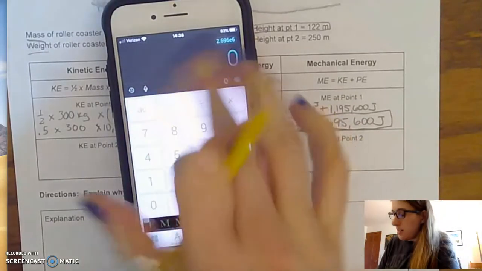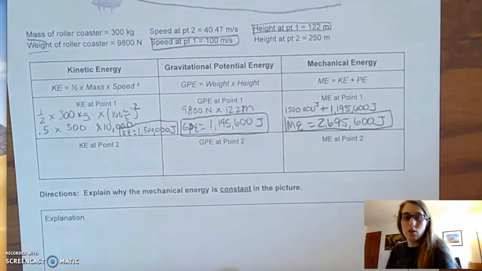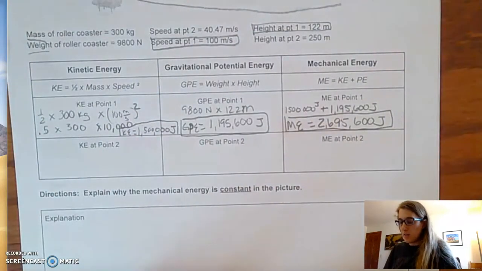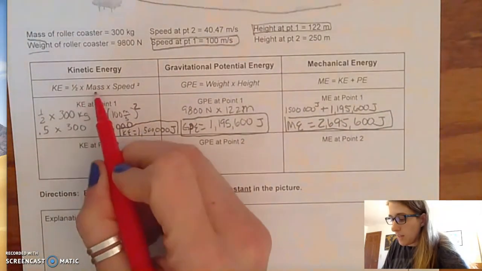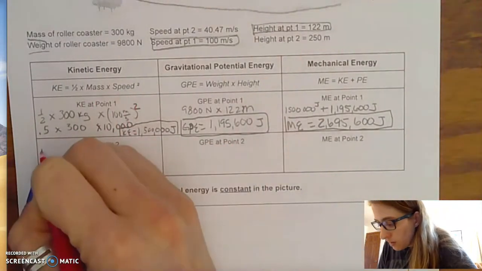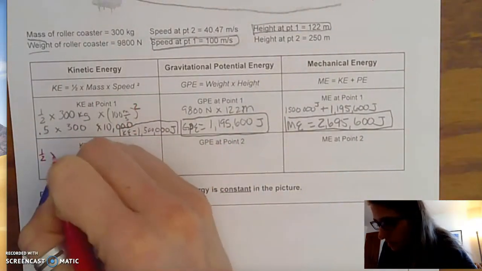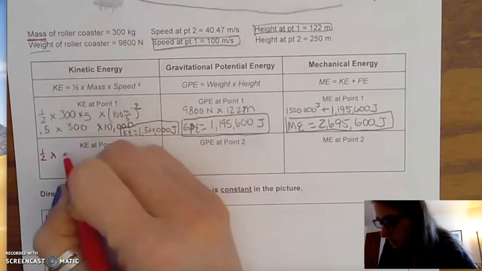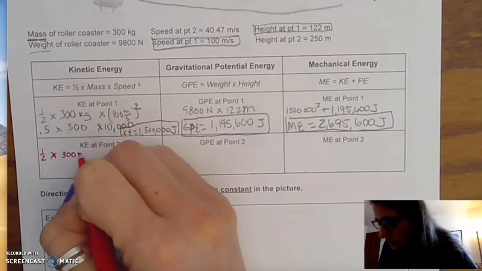Okay, now I'm going to do the same thing at point 2. I'm going to switch to red so that you can see the difference. Kinetic energy is still 1/2 times mass times speed squared. So I'm going to rewrite that, filling in my numbers. 1/2 times my mass. My mass has not changed. It's still 300 kilograms.